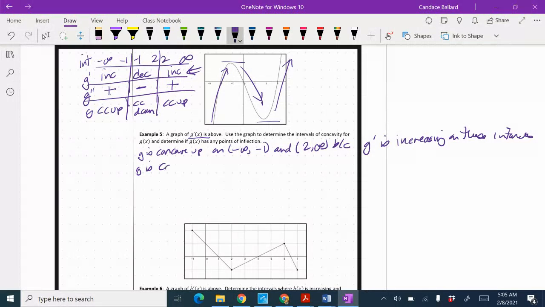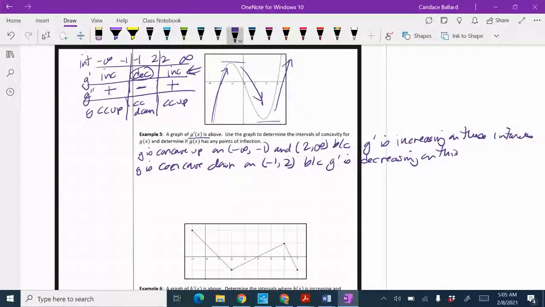G is concave down on -1 to 2 because g prime is, again, I got to talk about g prime, decreasing on this interval.